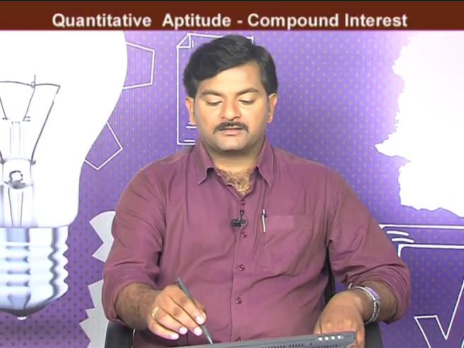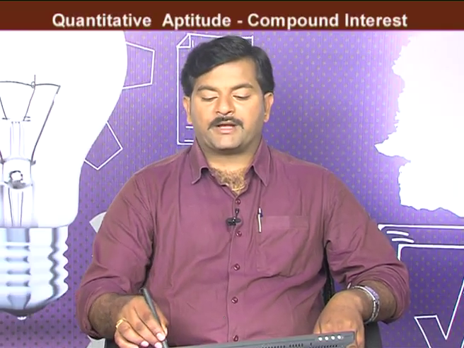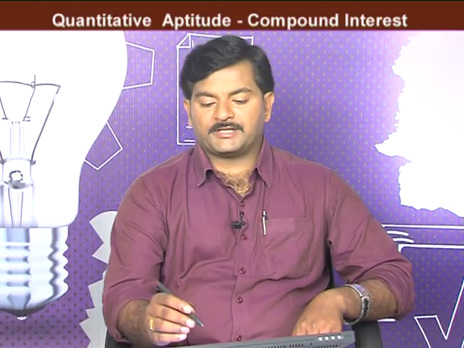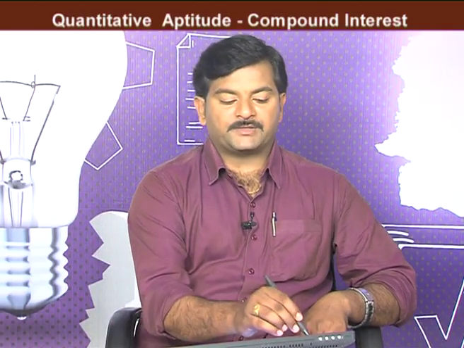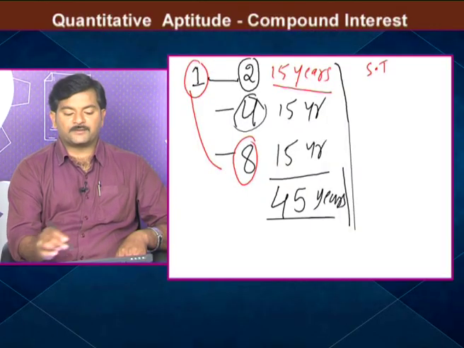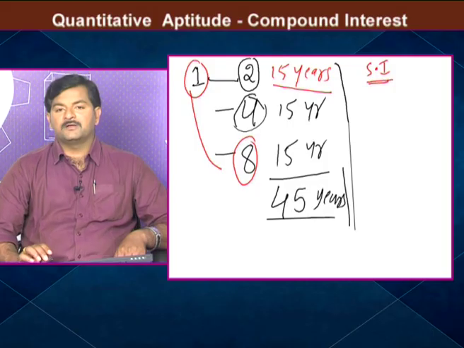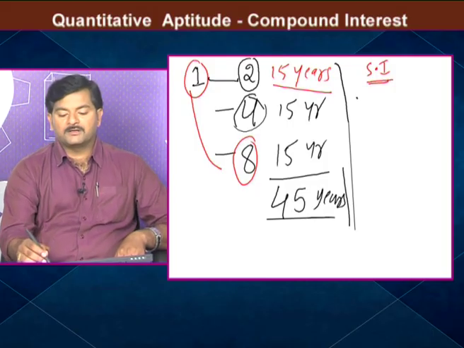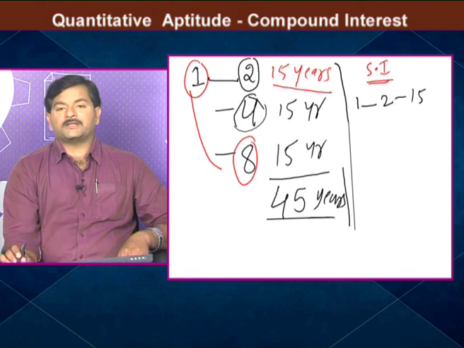See here, I need to say one more point. For example, if it is a question from simple interest, then what will you do? Here the question is regarding only compound interest, but if it were regarding simple interest, I borrow 1 rupee, 1 rupee becomes 2 rupees in 15 years.